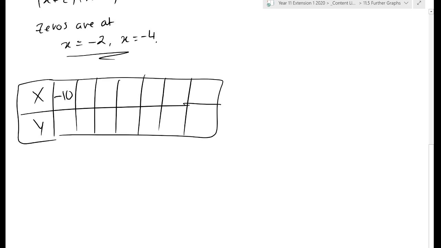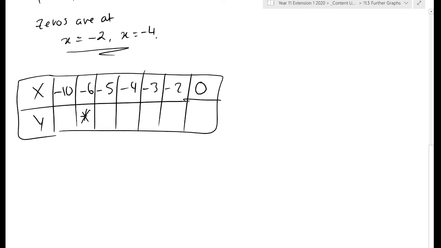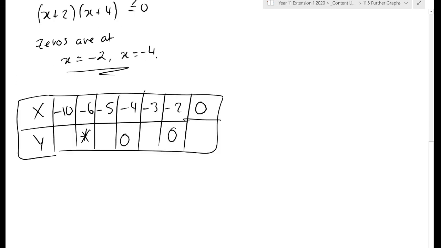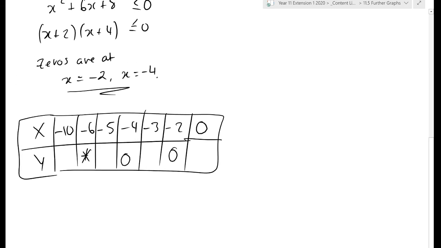So I'm going to put in minus 10, minus 6, minus 5, minus 4, minus 3, minus 2, and 0. Remembering I have a discontinuity at x is equal to negative 6, and my zeros are at negative 4 and negative 2. So with that being said, let's work out what the sign is of these other ones.